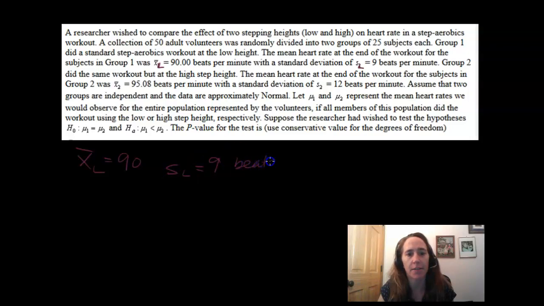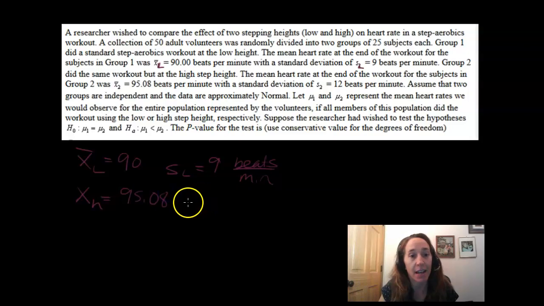Maybe I'll even write that out so we don't forget about our units. Group 2 did the same workout but at a high step. So the mean heart rate for group 2, and we're going to do sub H for the high step, so that's 95.08, which is higher heartbeat per minute. And oops, I'm going to use H instead of subscript 2.